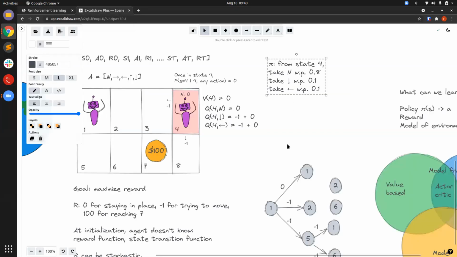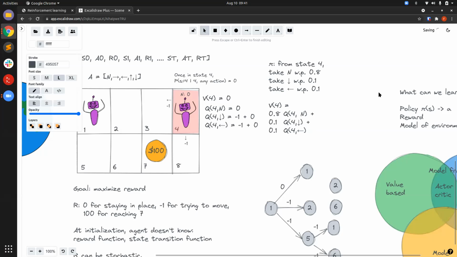We know that the value of state 4 is going to be equal to the probability of taking action no-op times Q of state 4 and no-op, plus the probability of taking action down, plus the probability of taking action left.